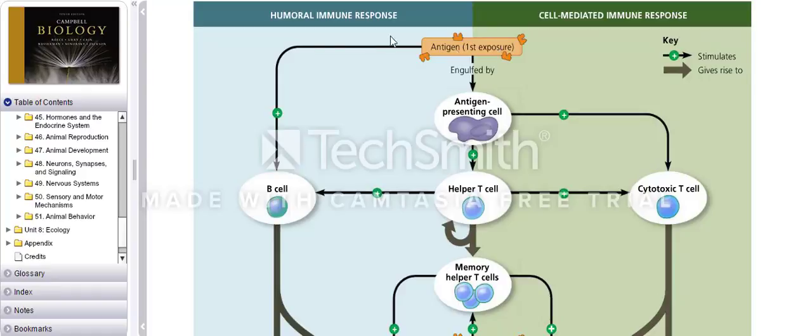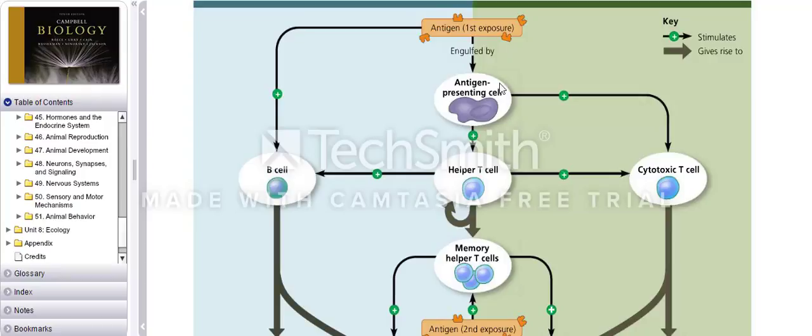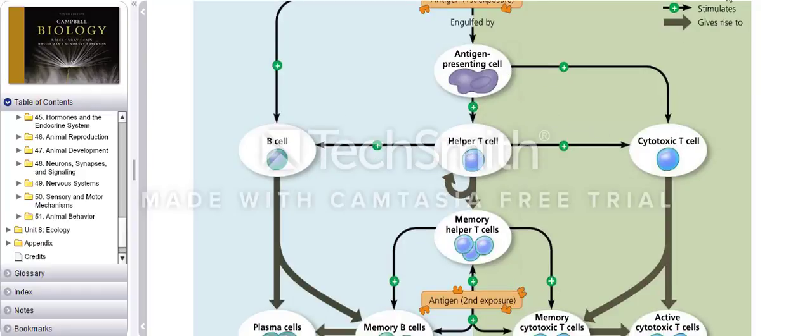We come over here, stimulation of a B cell, or for both sections you get something like a macrophage engulfing the antigen, and then presentation to a helper T cell, or presentation to a cytotoxic T cell.